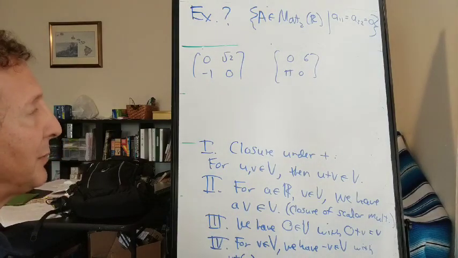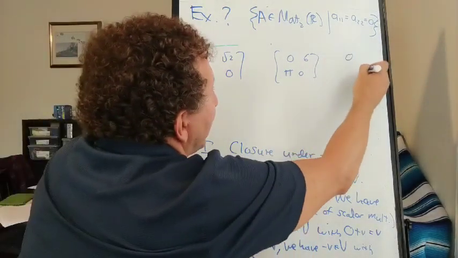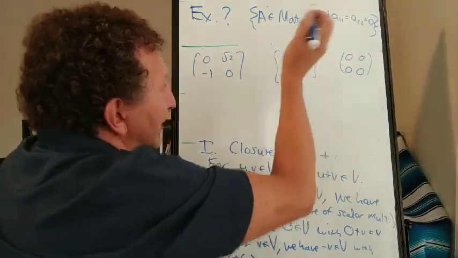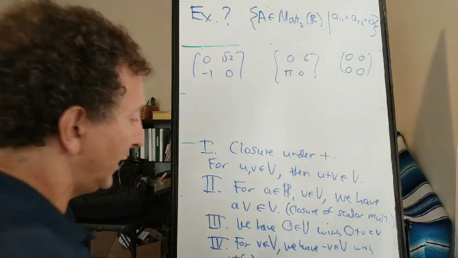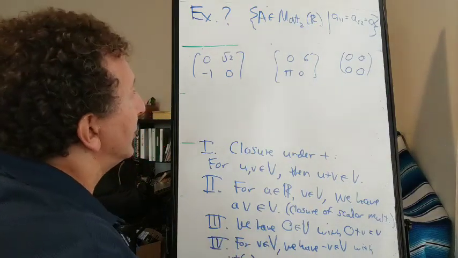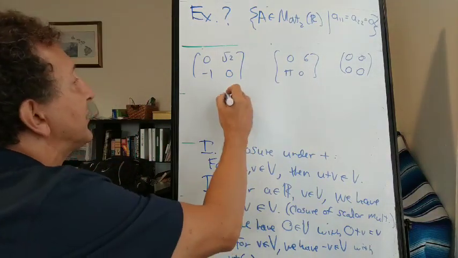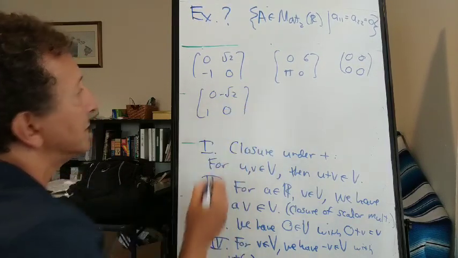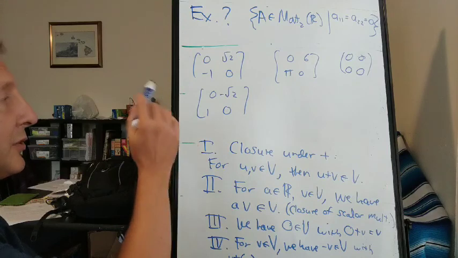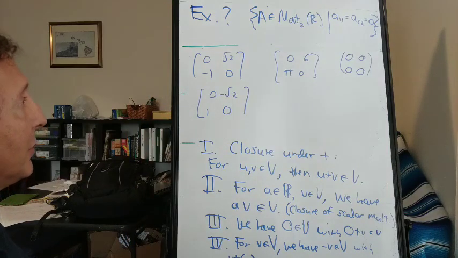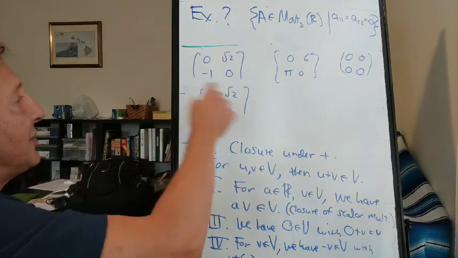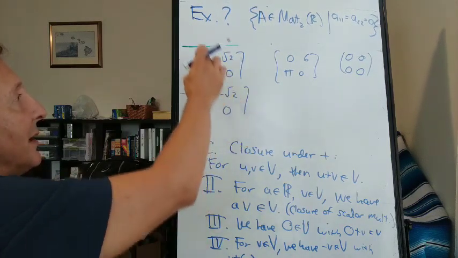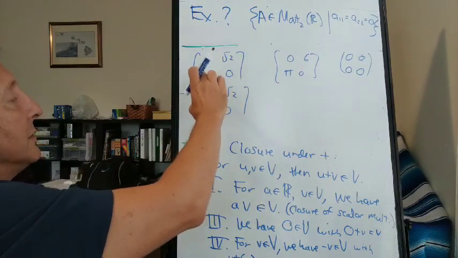Do we have a 0 element? Well, of course we do. Zeros on the diagonal and zeros off the diagonal too. If we add that to anything, we just get anything. Do we have negatives? Well, if we change the signs of all the entries, even on the diagonal, because plus 0 is the same as negative 0, then we've got another matrix so that we can add our original matrix to it and get 0, 0, 0, 0.